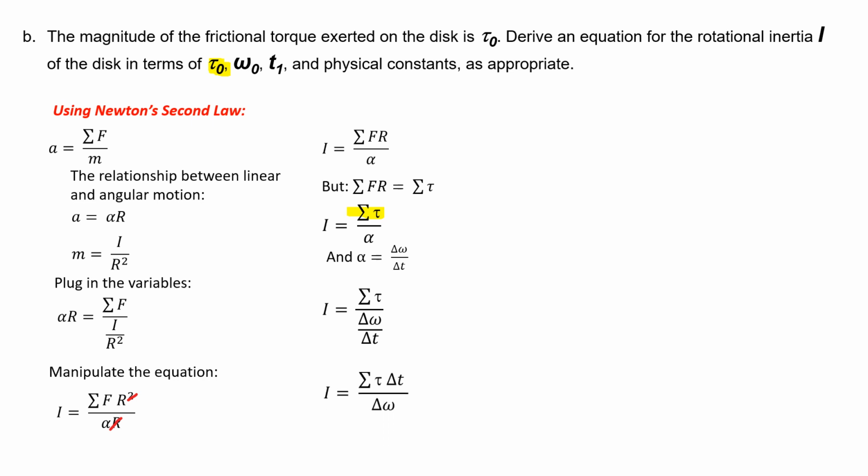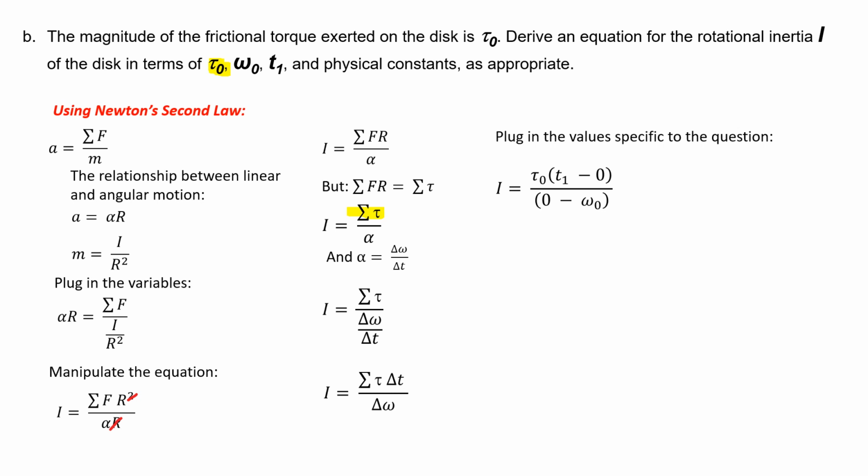So now by using your math skills, you can manipulate the equations further: delta t over delta omega. So plug in the values specific to the question. Since the net torque is simply the torque because it's constant, the net torque is the torque itself.